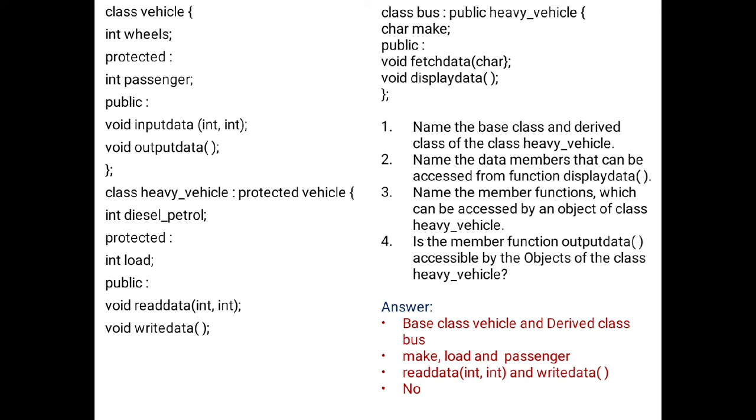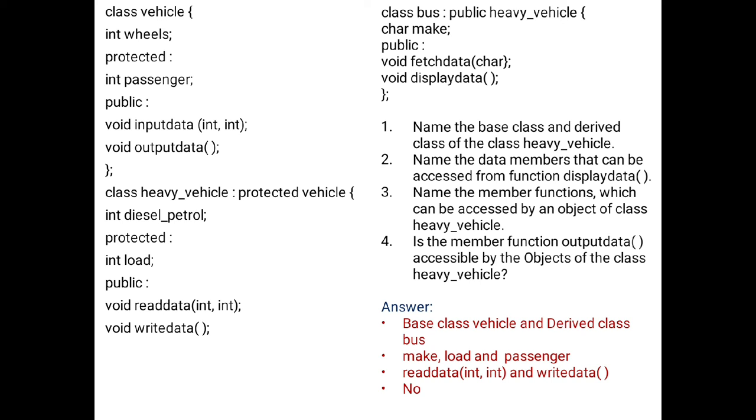The class heavy vehicle has its own data members, that is one private data member diesel petrol, one protected data member int load, and two public member functions, read data and write data. Along with that, the derived class heavy vehicle will be able to access the protected data member of the class vehicle, since the access specifier mentioned is protected.